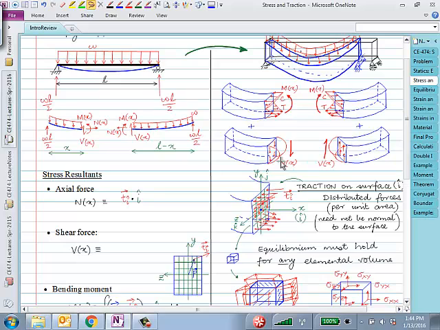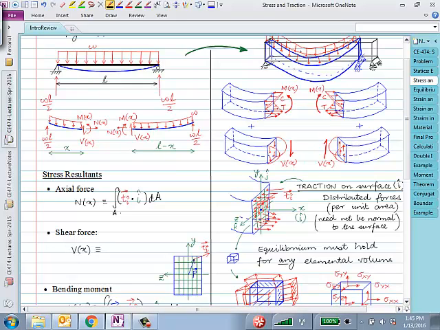So all I'm trying to do is figure out the axial force by taking the component of the tractions on the cross section along the I direction. And if I do that, that's basically T dot I integrated over the entire cross section, which I'll call just dA, and let's say the area of cross section is A here. So if I integrate that traction all over the cross section, that should be my axial force, right?